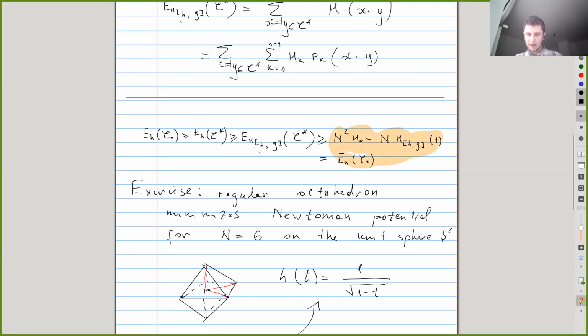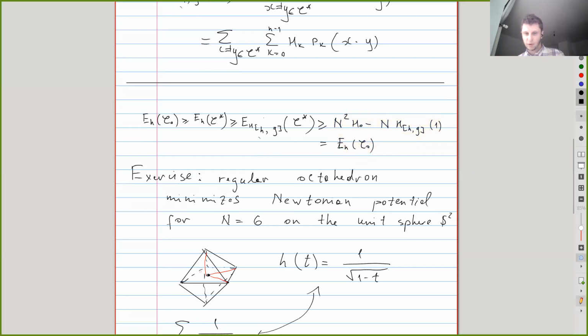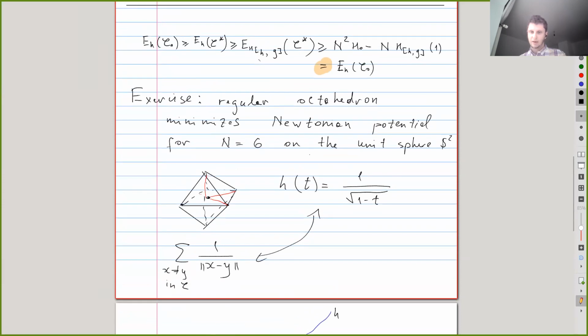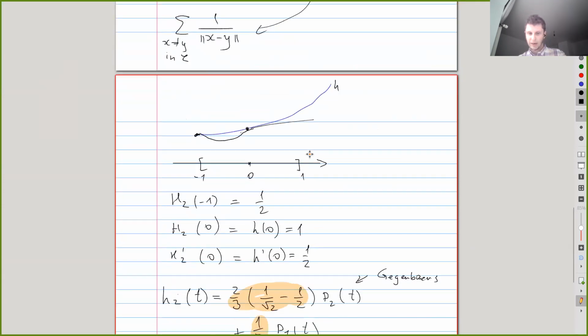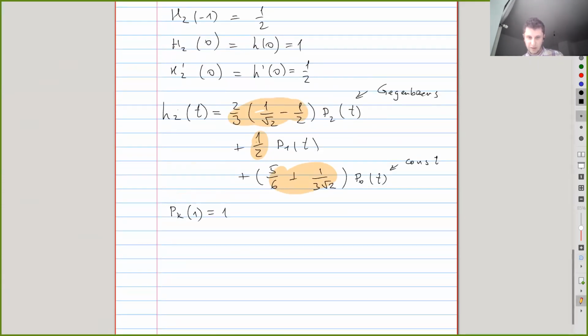What remains for you to do is to compute the Newtonian potential of this square bipyramid and check if this equality holds. You'll just need to plug in. So this is H0 for you. When you plug in 1 into this expression, the Gegenbauers are just 1s.